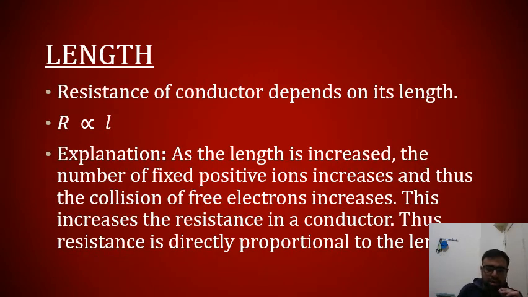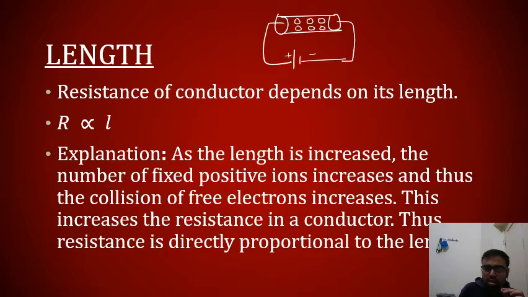So we will discuss what resistance is. If a conductor is taken like this and a potential difference is maintained or applied across that conductor, the charge of the cell will draw those electrons from these atoms of the metallic wire.